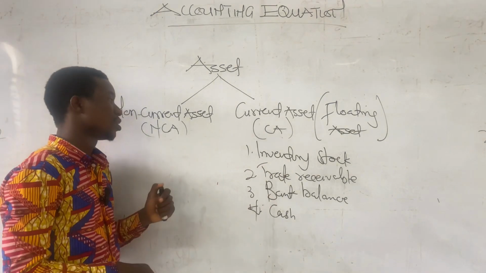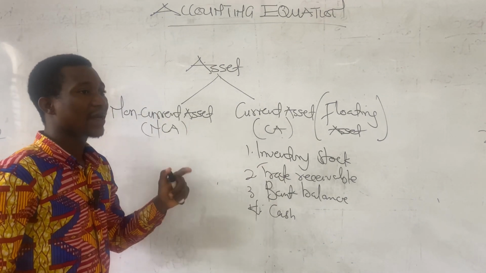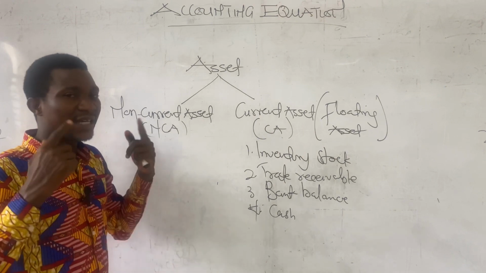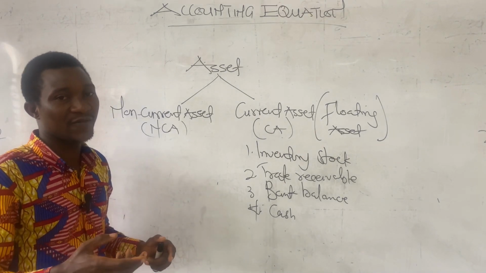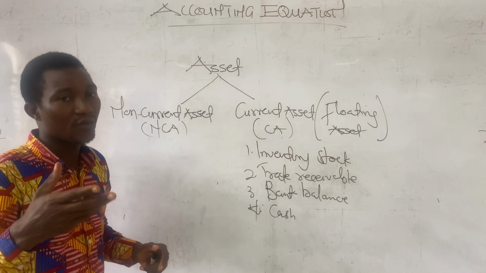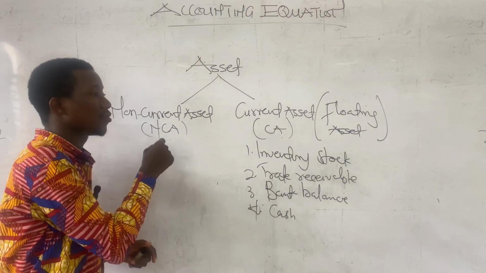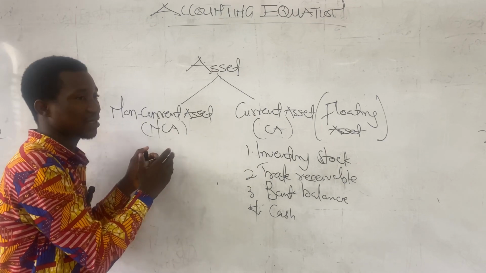This is the reason. If a business acquired a motor vehicle with the intention of not selling it, to help the business go on successfully, and it will be in the business for more than one financial year, this motor vehicle is considered a non-current asset.